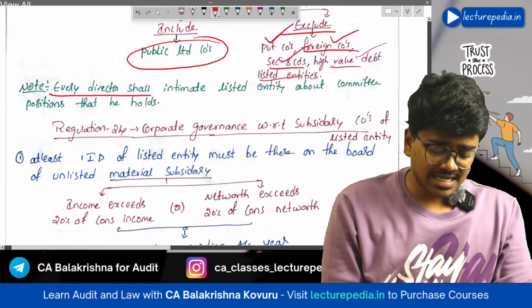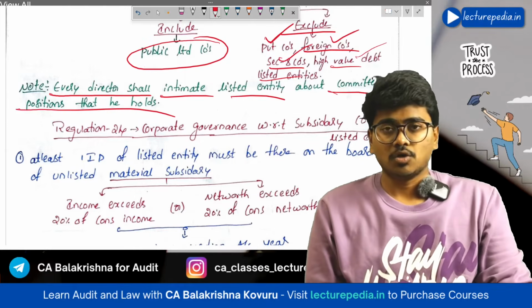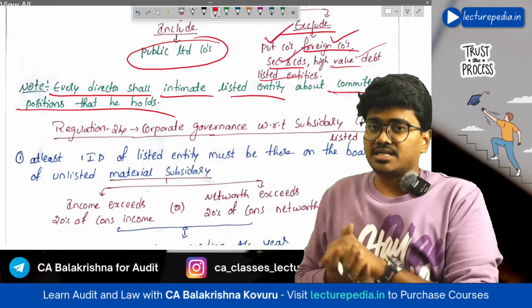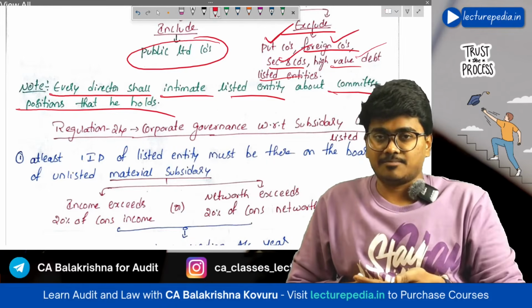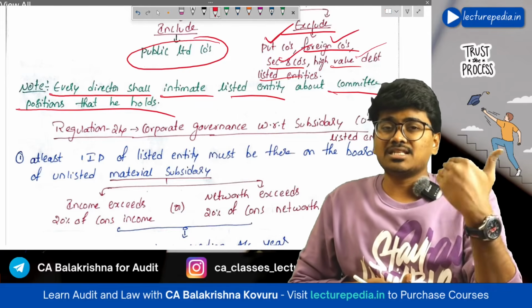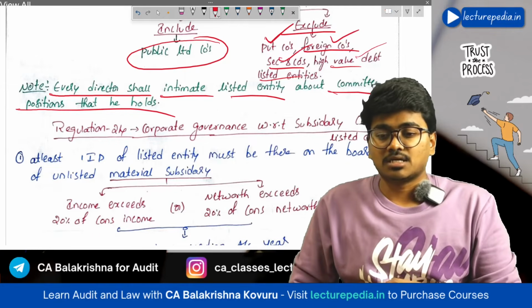And every director shall intimate the listed entity about committee positions that he holds. Every director has to intimate to the listed entity on a periodical basis the list of all the committees and the names of all the listed entities in which he is holding the chairmanship or membership of the committees. Hope that is clear.